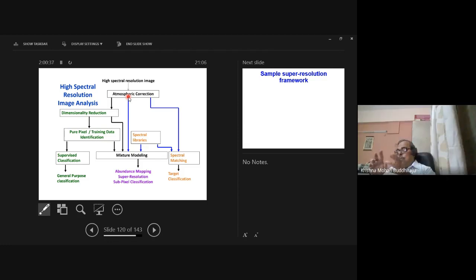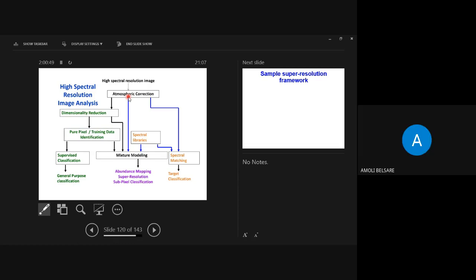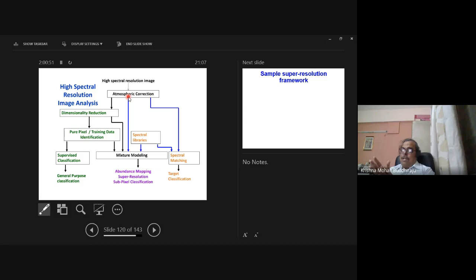Yes. So each pixel, if it occupies a large area on the ground, then in that area you can have multiple classes, right? For example, the first space-based hyperspectral data, each pixel was 900 square meters, 30 by 30.